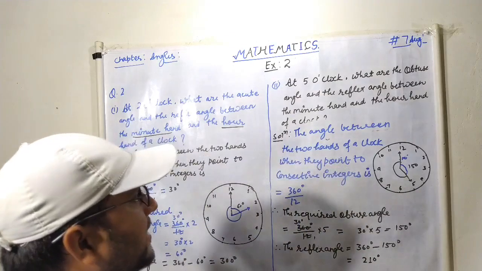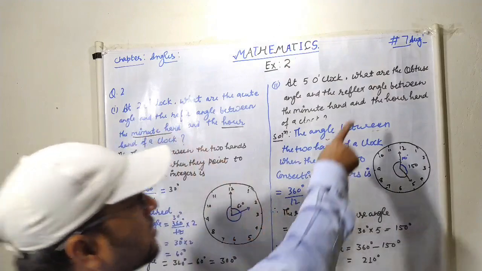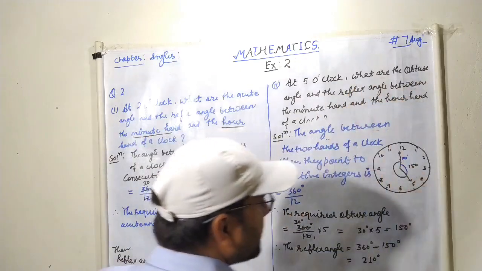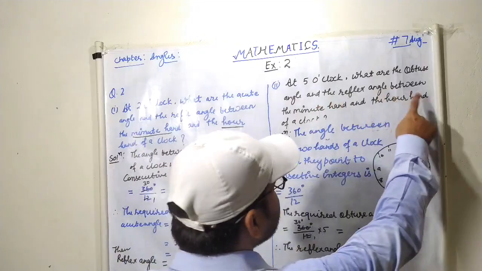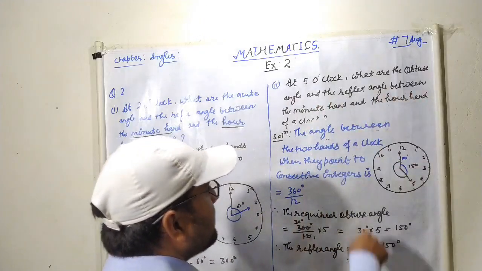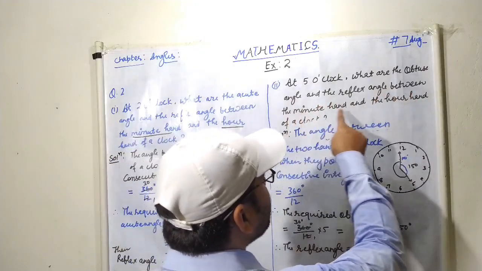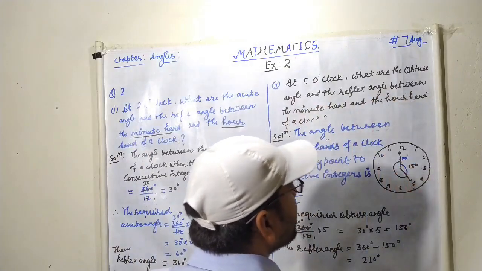So the angle at 5 o'clock, the obtuse angle is 150 degree and the reflex angle is 210 between the minute hand and the hour hand of a clock.